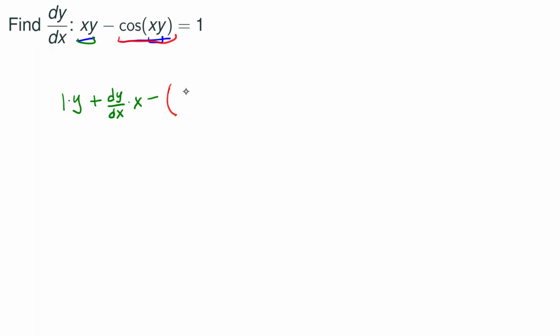Well, derivative of cosine is negative sine. So when we write negative sine, keep the argument, the inside, which is xy. Then we need to multiply by the derivative of the inside, the derivative of the argument xy. So we can do this step by step. And this entire thing equals, well, derivative of 1 is 0.